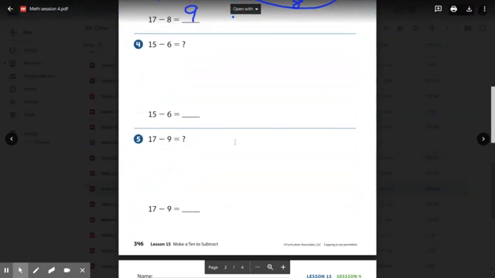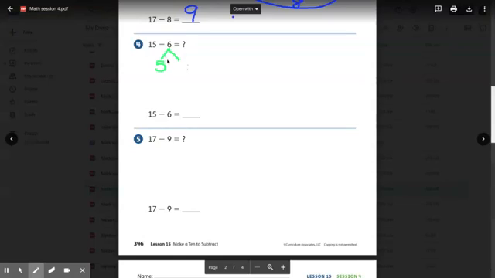Number 4, 15 minus 6. They don't give us anything here. So 15 minus 6, I know that I'm going to challenge you guys a little bit here.